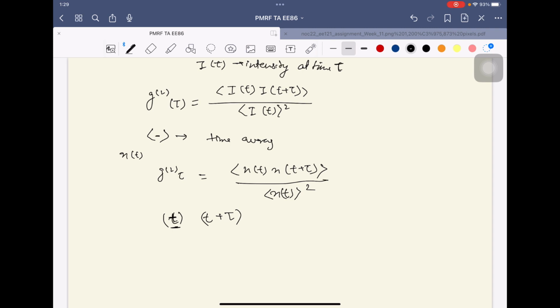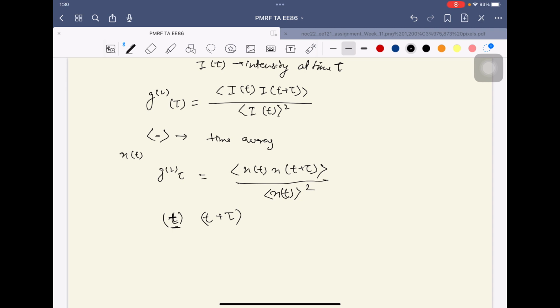More precisely, this g2(tau) gives us the degree of correlation between the number of photons detected at time t and at time t plus tau. So this tells us how much the information about the number of photons at time t translates into knowledge of what I will measure at time t plus tau.